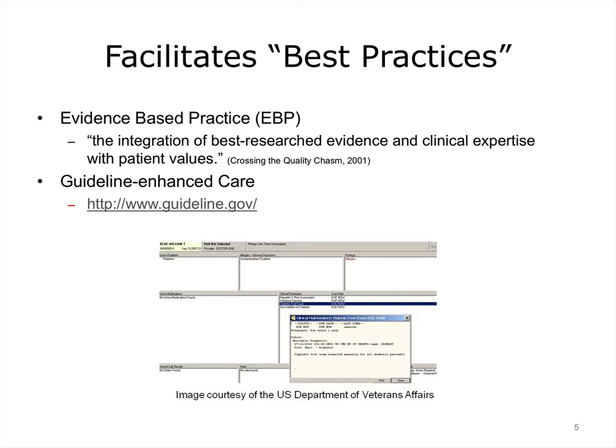Besides the obviousness of making the world easier, why else do we care? The IOM identified a chasm in our healthcare system between the quality of care delivered and the quality of care patients should expect to receive based on the best scientific knowledge. This has also been referred to as the know-do gap, meaning what we know and what we do are often disconnected.